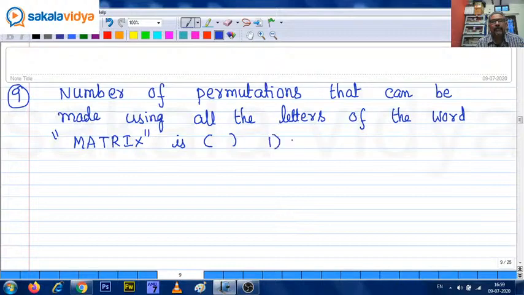First option 120, second option 240, third option 480, fourth option 720.